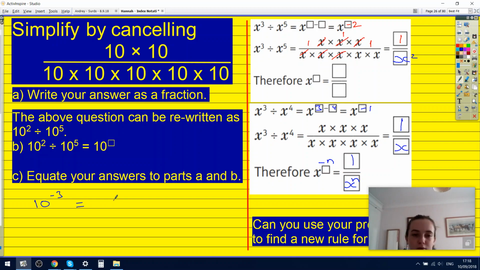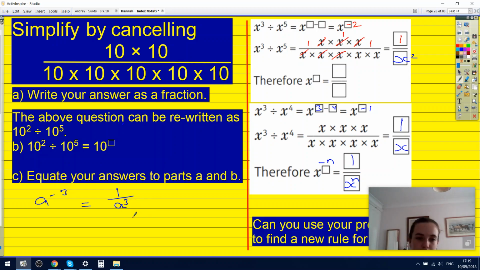Or let's say a to the minus 3. What is that? How could you write it as a fraction? 1 over a to the 3. Yeah, well done.